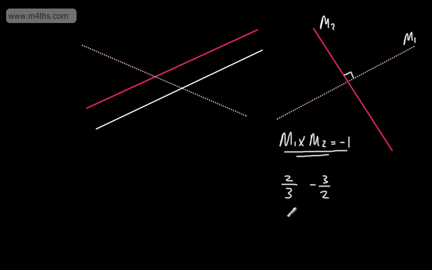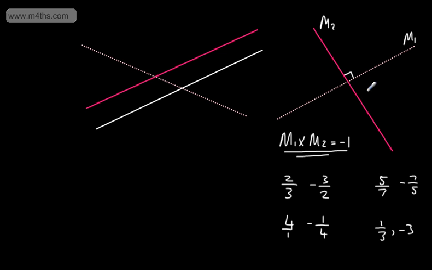So if I had a gradient of positive 4 for m1, the gradient of the perpendicular line would be negative 1/4. Remember, 4 is just 4/1. If now the gradient of the perpendicular line was negative 7/5, then the other line would be positive 5/7. If we had positive 1/3, it would be negative 3.